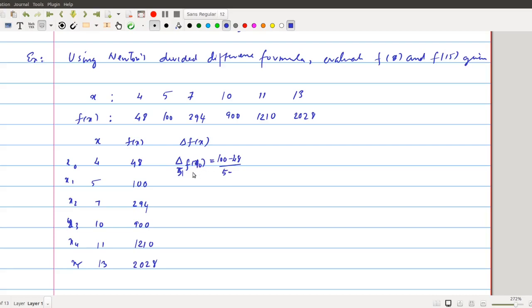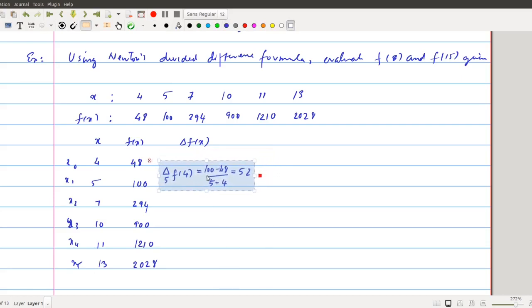You can write it as delta 5, 4, so this is x0, this is x1, that is x1 minus x0, and the value here is 52.